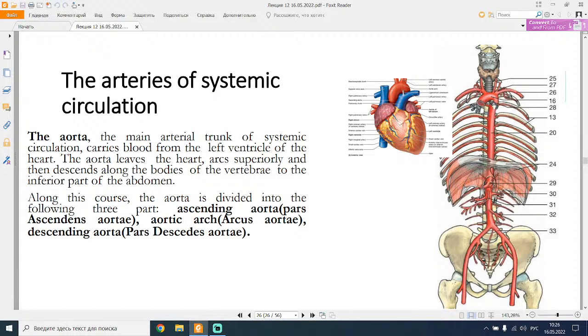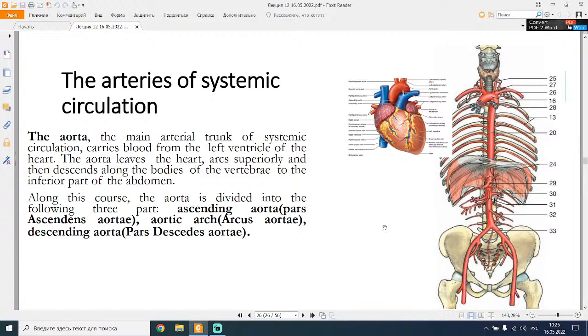Along this course, the aorta is divided into the following three parts: pars ascendens aortae, arcus aortae, pars descendens aortae.